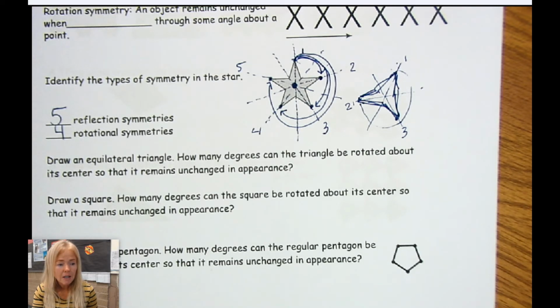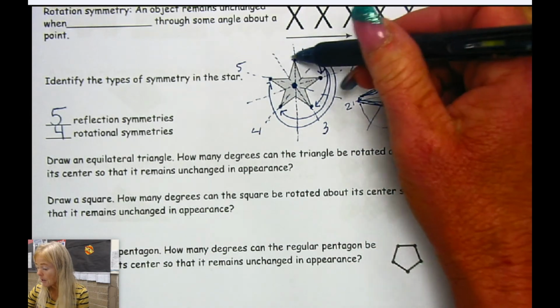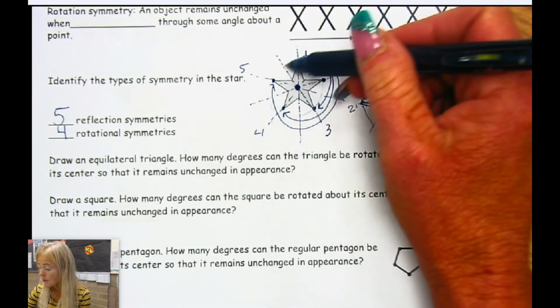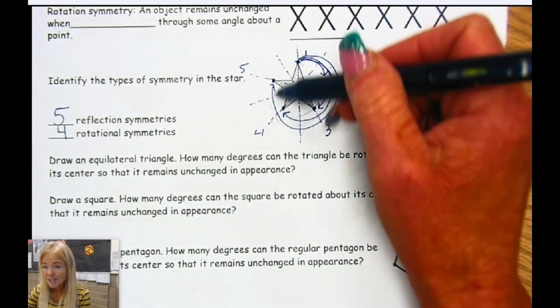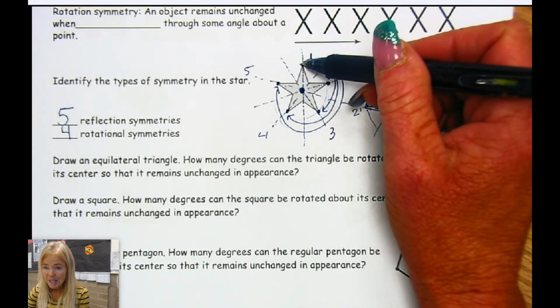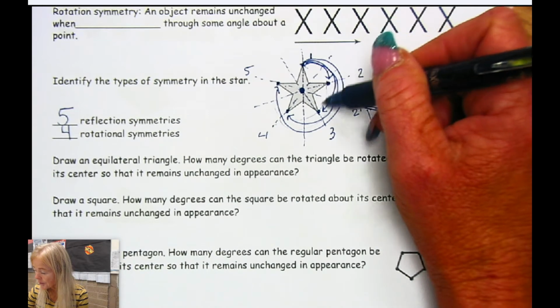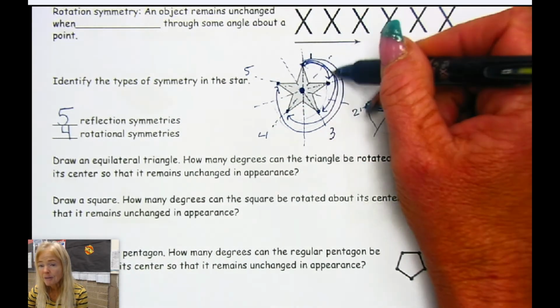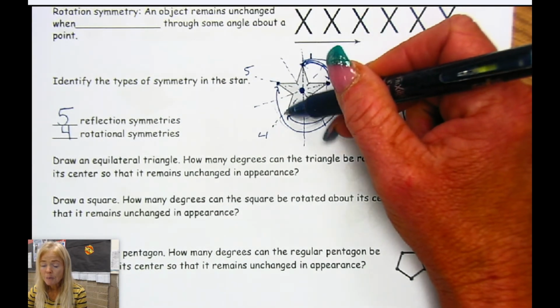Now, the other thing that I wanted to point out is what is the angle? You're going to have to figure out the angle of rotation. And how we do that is we know that all the way around this star is 360 degrees total. Now, when I go here to here to here to here to here, that's 5 different points, right?